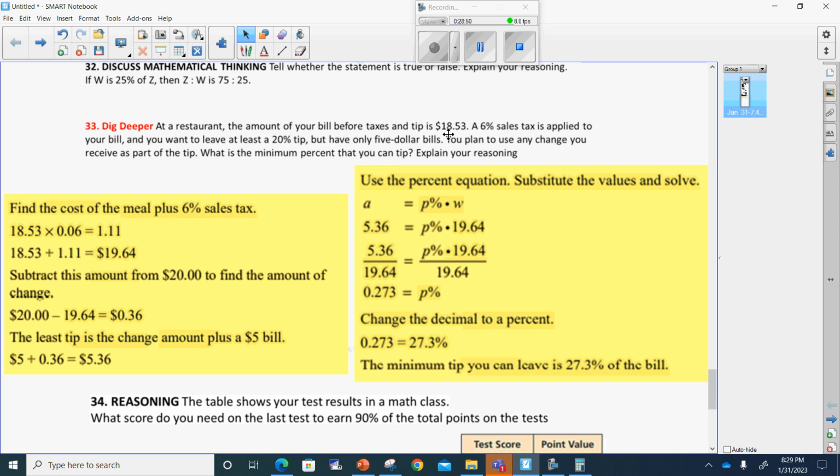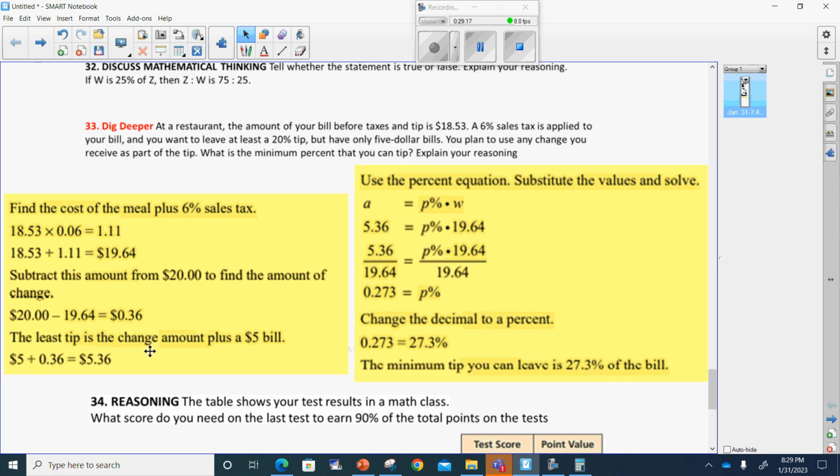So you do have more than one $5 bill. And you plan to use any change as part of your tip. So we're going to have to take 5 times 4, that would be 20, right? You would use $20 to pay this off. So you've got $20, you're going to subtract the $19.64. That's going to give you 36 cents.